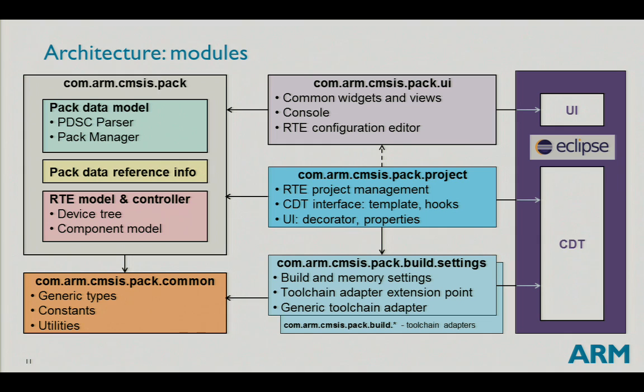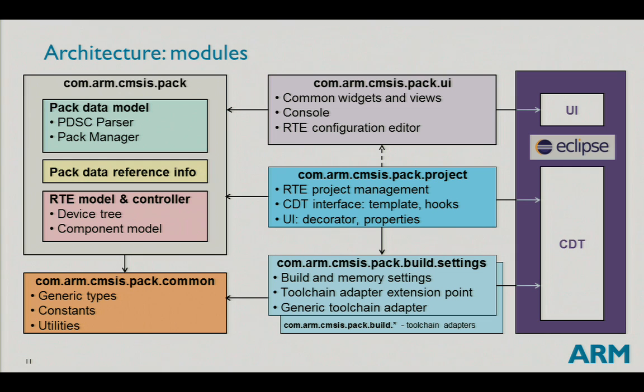As I said, most of the functionality is done by the core plugin. It itself has three areas. The one which deals with the so-called raw pack data, so it reads the packs and creates just a repository.